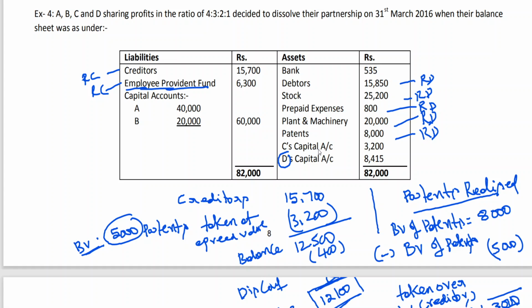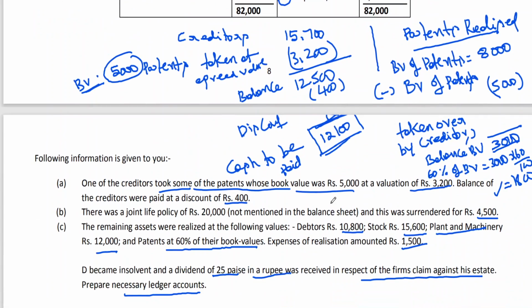I repeat once again. Solvent partners should bring their share of realization loss in cash, means A should bring cash, B should bring cash, C should bring cash, their share of realization loss. But as far as D is concerned, he is able to bring 25 paise in the rupee, as mentioned now: D became insolvent and a dividend of 25 paise in rupee was received in respect of the firm's claim against his estate.